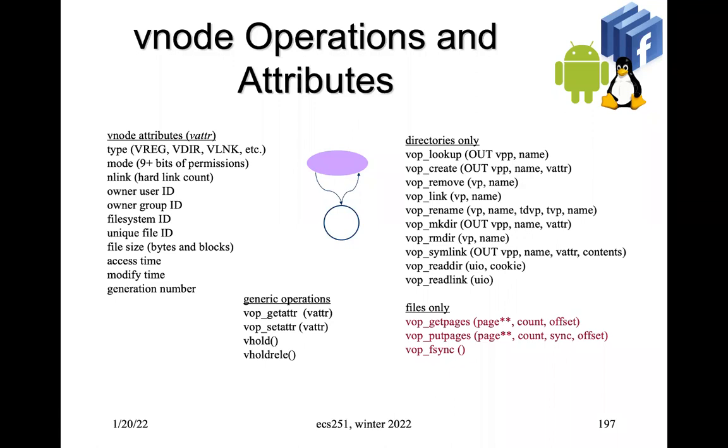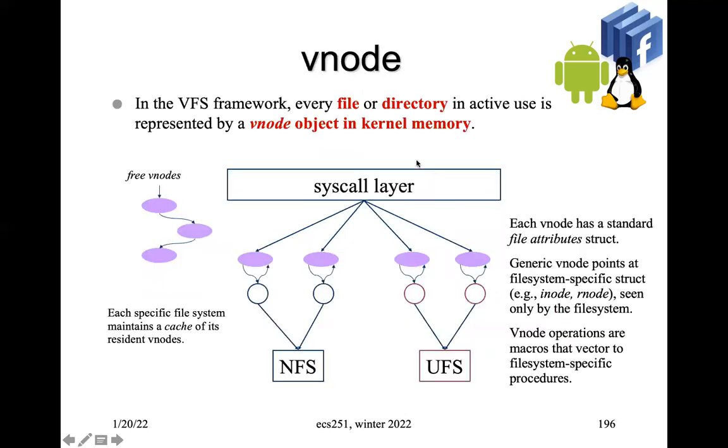So essentially, when you make a system call, it maps to calling what we call a VOP, a vNode operation, of that function. And by the way, each of these is a function pointer. So when you make a system call, you have the standard interface. However, because each of these is a function pointer, depending on whether you're linking to NFS or UFS, the function pointers that support those VOP operators in the next slide are going to be different.